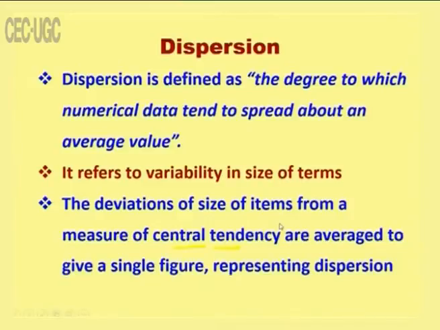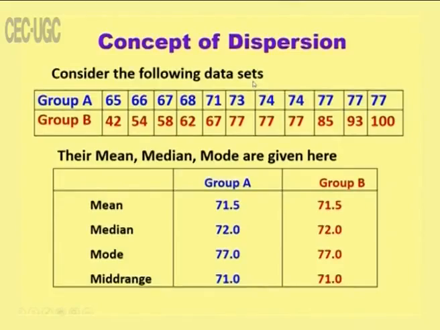The central tendency is one aspect and the dispersion is just opposite to it, and it refers to the variability in size of terms. The deviations of size of terms from a measure of central tendency are averaged to give a single figure representing dispersion. That means, to what extent each value is deviating from the central tendency, that is averaged, and that particular concept is called the dispersion.